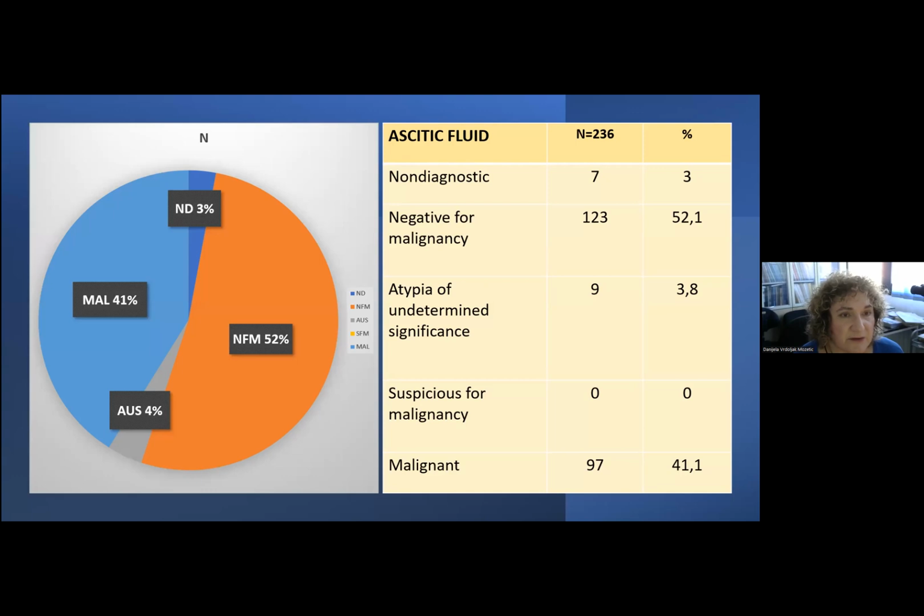These are our results for the ascitic fluid. So we had only 3% of non-diagnostic. Just a little bit more than 50% negative for malignancy, only 3.8% atypia of undetermined significance, 0 suspicious for malignancy, and 41% malignant diagnosis.